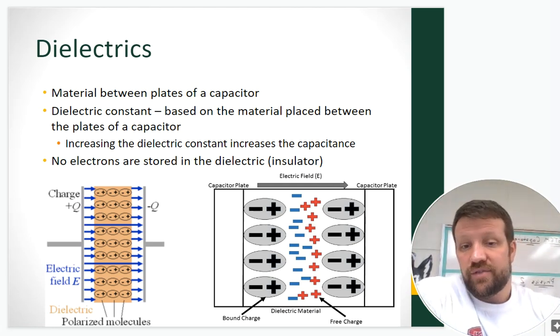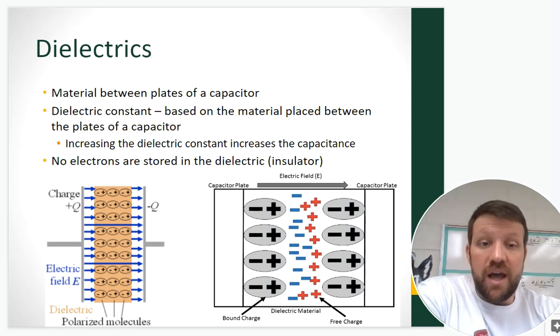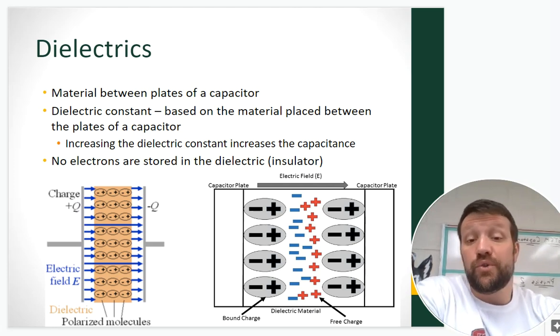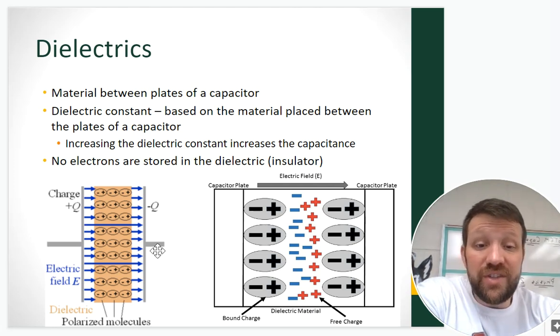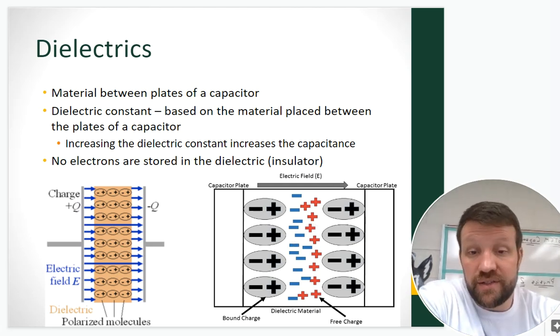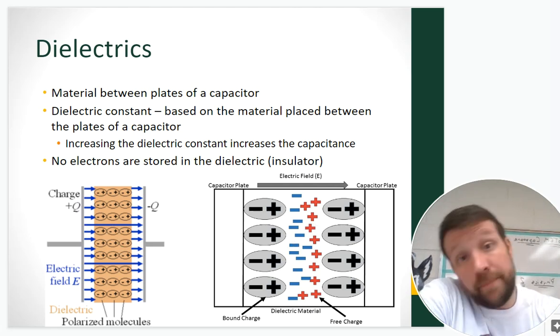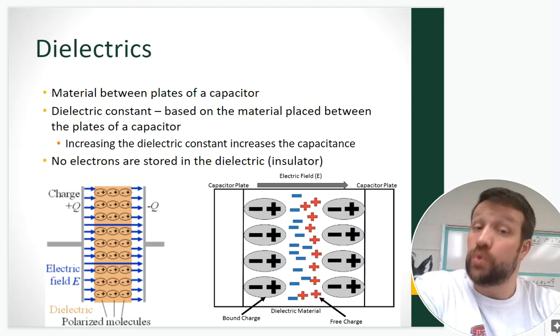The dielectric, this is what is in the middle, all right? This is the material between the plates. Based on whatever material you use for that, there's going to be a different dielectric constant. And what this does is it allows the electrons to pass through between the different plates and thus build up, depending on how much charge you want to build up there, and dissipate once you decide you need to utilize that.